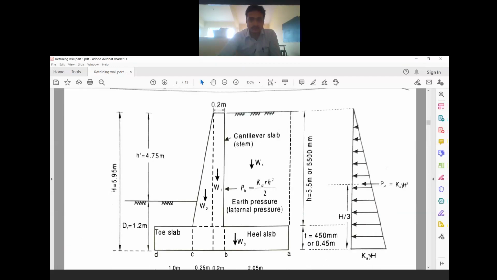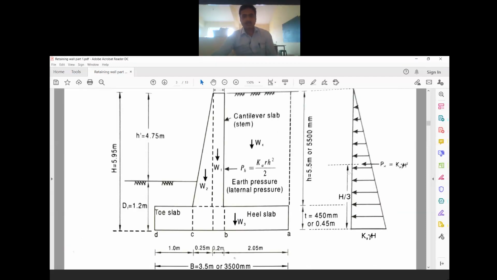So what we have just done is we have calculated the dimensions of the retaining wall. In the question they had given the height of the retaining wall above the ground level. So we have calculated the foundation depth df, which is 1.2 meter. Then we have calculated the overall height h.